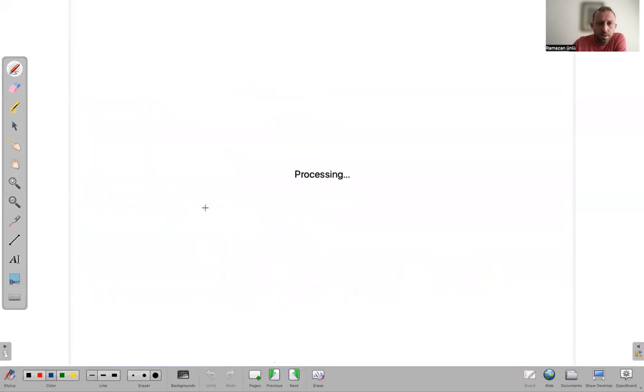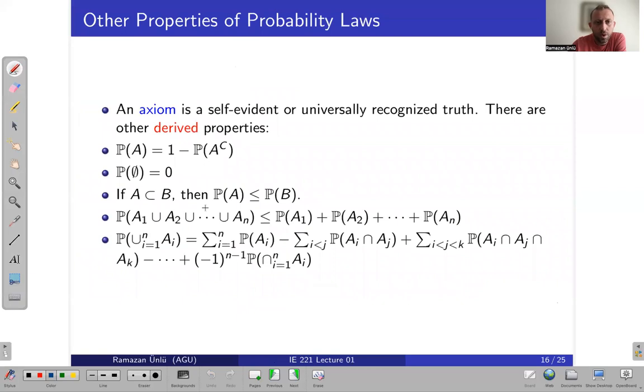So let me look at these ones. As we said before, an axiom is a self-evident or universally recognized truth. So we accept these things as true, and then we can derive some other properties. For example, the first one is P(A), the probability of event A, is equal to 1 minus the probability of A complement, right?